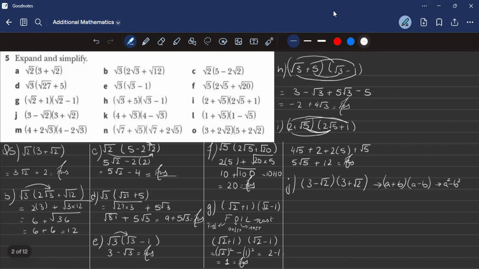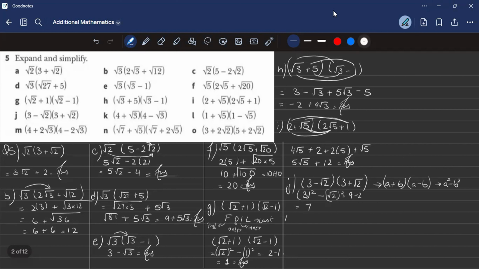So a squared minus b squared is here. So what we're going to simply do is just say the a squared, 3 squared, minus b squared, under root 2 squared. So that is equals to 9 minus 2. And what is 9 minus 2 equals to? It's equals to 7. And that's basically the answer for part J.